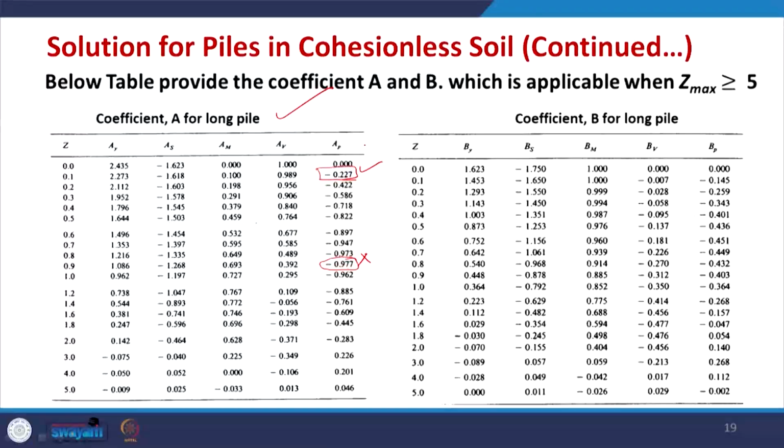So, if I calculate the value of Pa in the next column, the value of Pa at this depth is going to be 9 times more than the value at 0.1. So, if your check is satisfied at Z equal to 0.1, then because if I compare 0.977 with 0.227, it is not 9 times, it is less than 5 times.